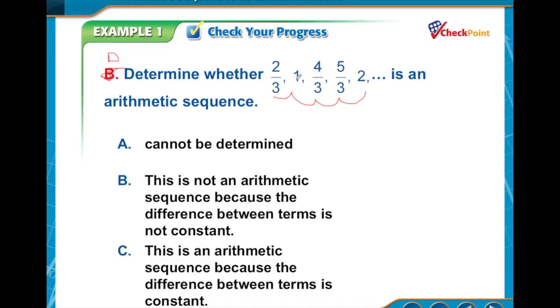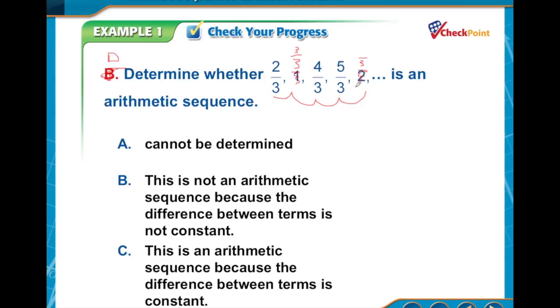How about I rewrite 1 and 2 as something over 3 so that everything has the same denominator. So instead of 1, let's rewrite that as 3 over 3. That's the same thing as 1, but we wrote it as a fraction so we can compare these more easily. So then let's take 2 and rewrite that as a fraction with a denominator of 3.